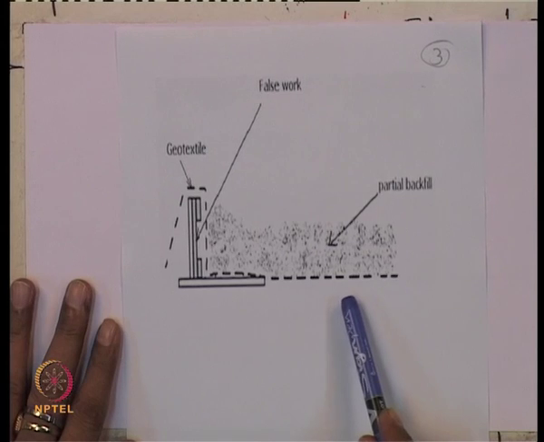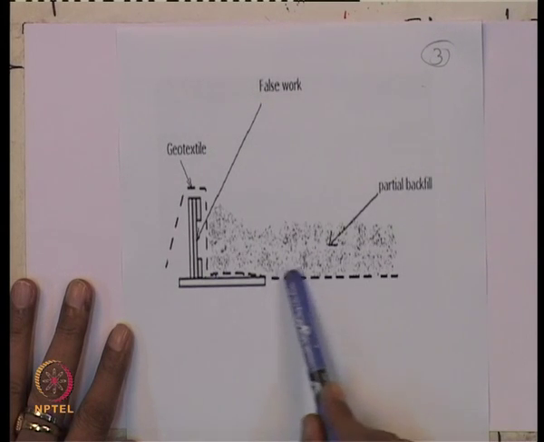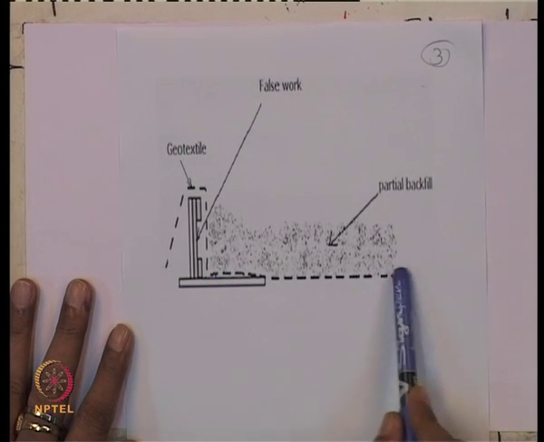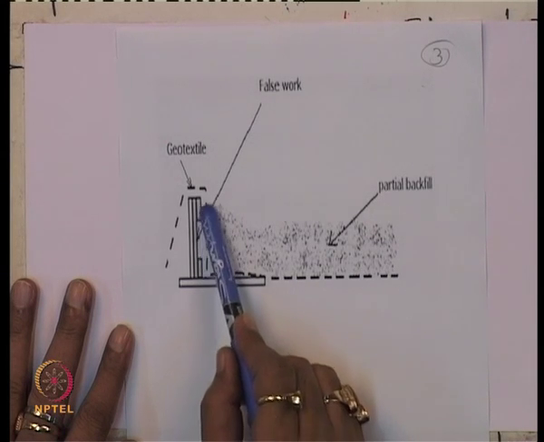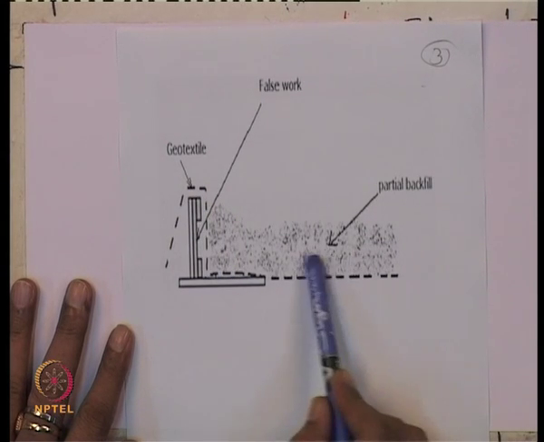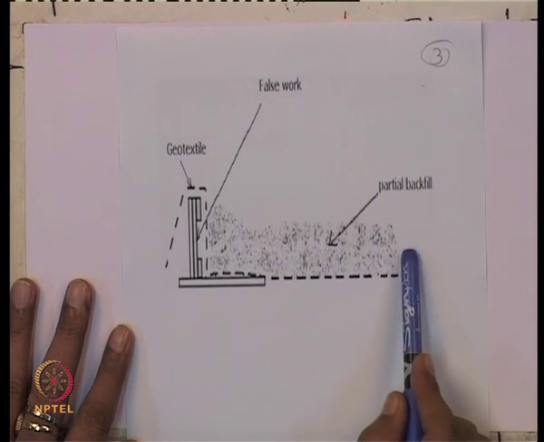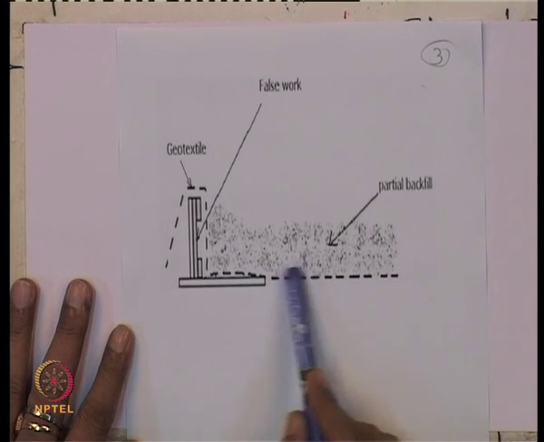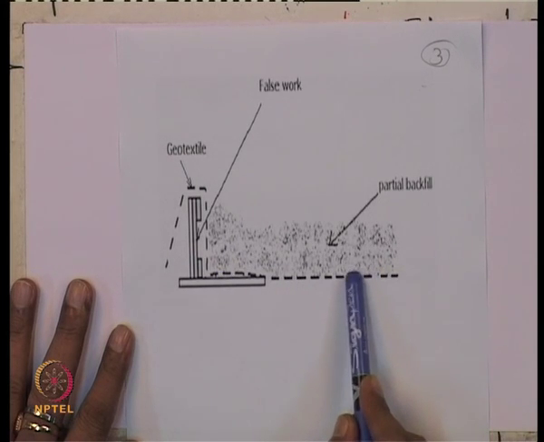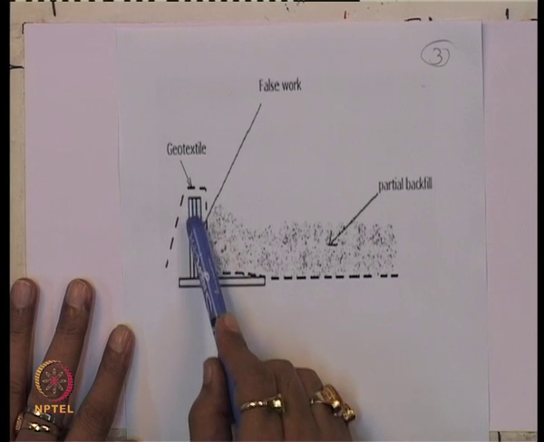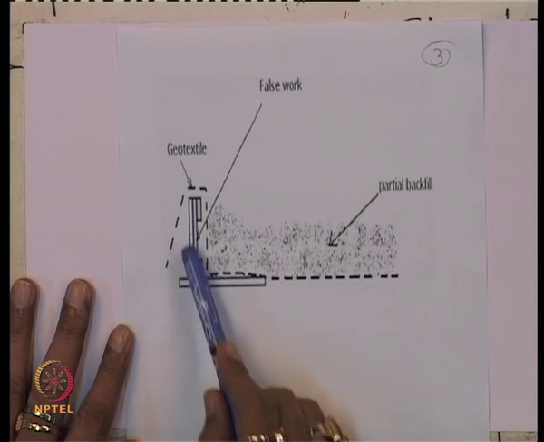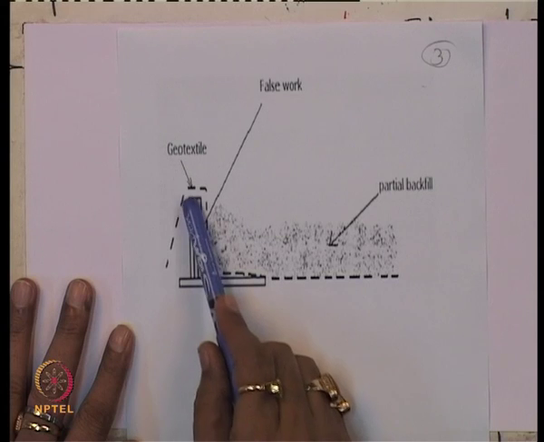And then you place the geotextile. This is the geotextile material. Place the geotextile and unroll it. You can have it in roll form, and unroll it over the selected foundation, using a temporary wooden frame form.